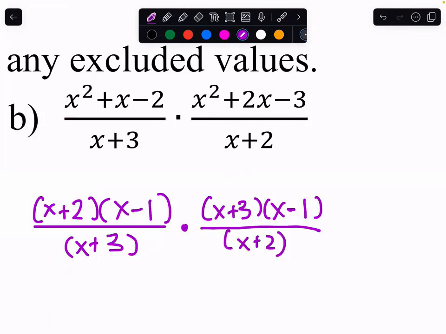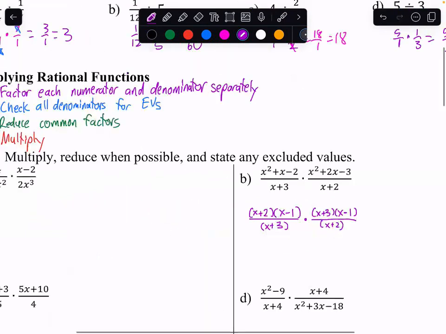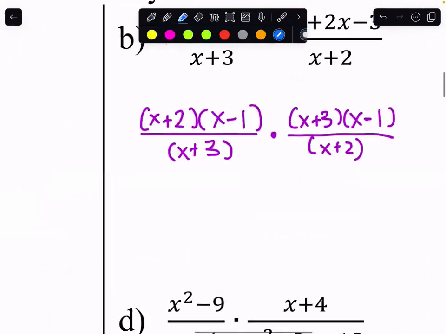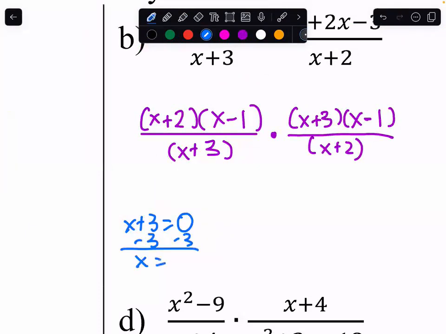So that's step 1, right? I factored each numerator and denominator separately. Step 2, check all denominators for excluded values. So this denominator over here, I need to know where this denominator becomes 0.